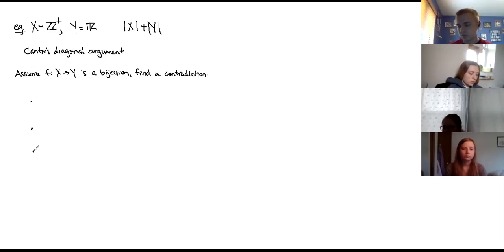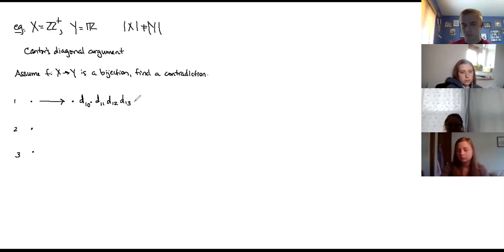We'll do it this way. So 1, 2, 3. We're gonna send 1. I can't send this to something specific because I have to take a generic value f. So let's notate this as D10. That's the part before the decimal point. And then we're gonna do D11, D12, D13, and this is gonna keep going forever.